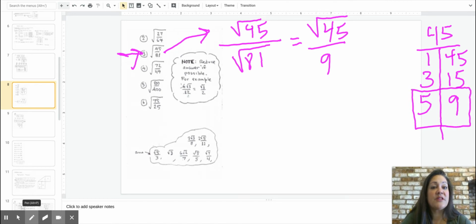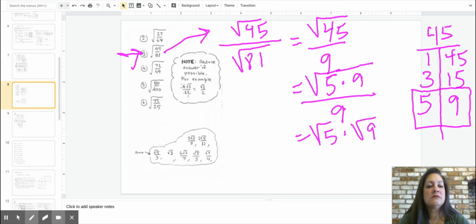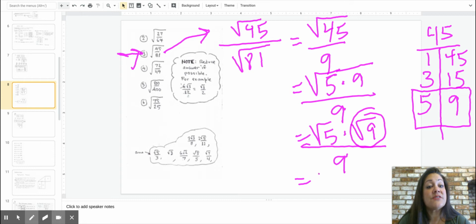Okay, so for the largest perfect square, equals square root of 5 times 9 over 9. Separate those out. Divided by 9. I'm running out of room here. So this right here is 3 times the square root of 5 over 9.